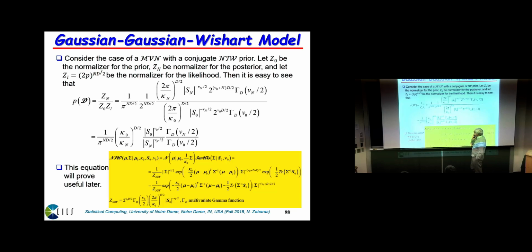Whatever parameters you have, you can compute them by optimizing this expression. It looks like a very elegant expression, but these are matrices and determinants, and multivariate gamma functions, so it's not something you can do by hand. But certainly with symbolic programming, maybe you can get some approximations with this type of equation.